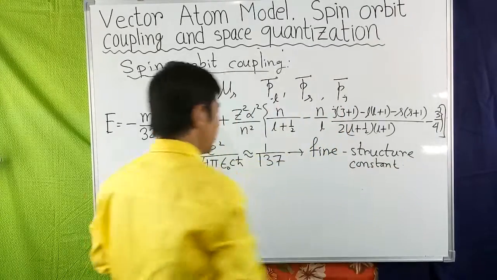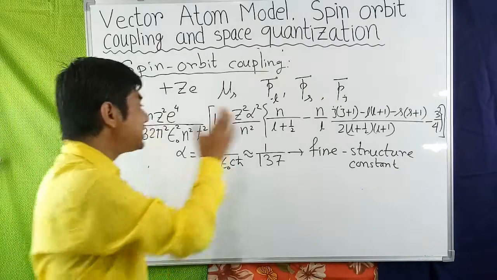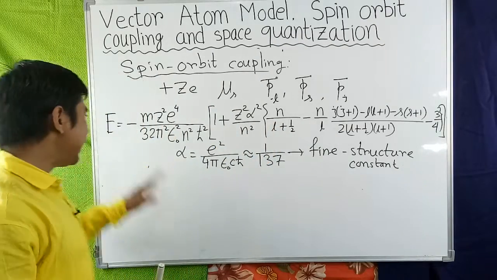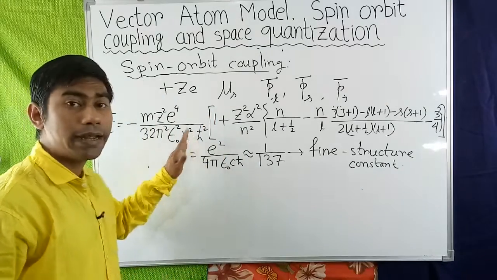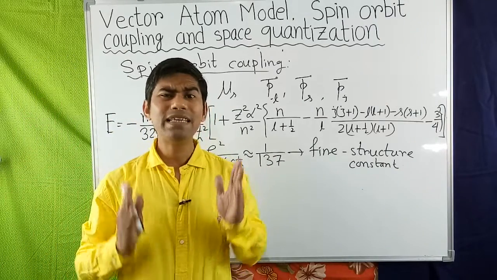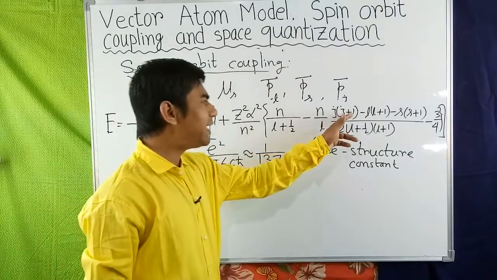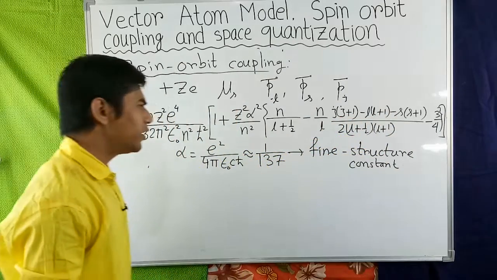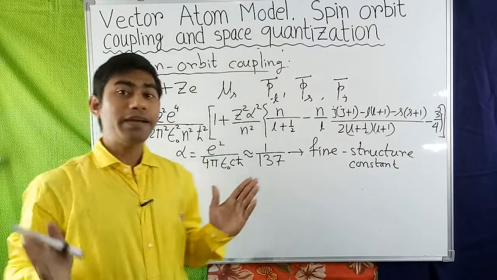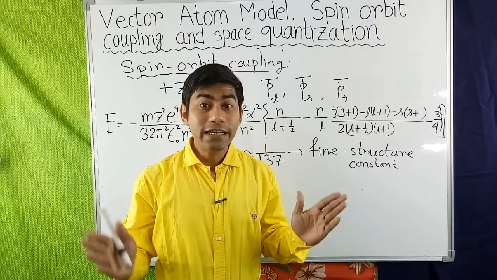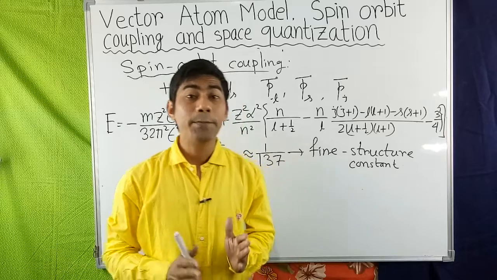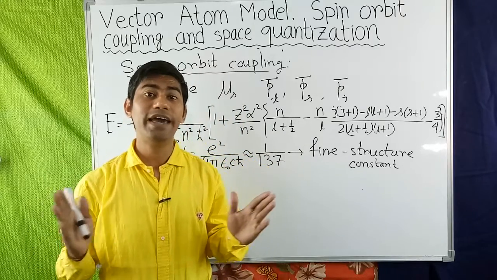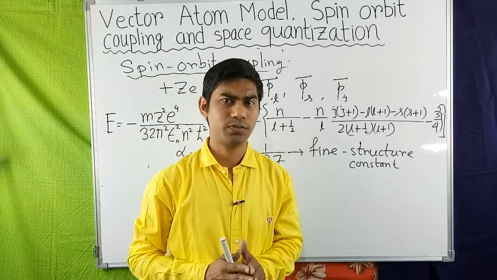Now, this equation shows that energy E depends dominantly on n but varies very slightly with j and l. So the spin orbit coupling and the relativistic mass variation of the electron cause very fine splitting of the energy of the electrons.